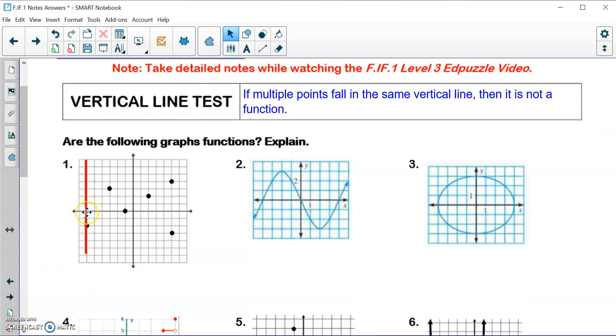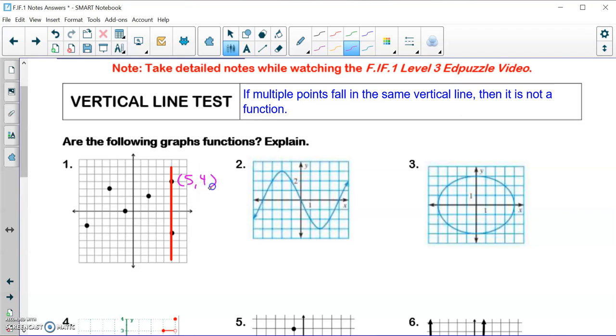For example, number 1, dragging it across the graph, well, it only hits one point at that point. It just hits 1 point there, 1 point there, 1 point there, but uh-oh, it hits 2 points at that vertical line there. This would be considered not a function. And it makes sense because if I were to actually write down these ordered pairs, this first point here would be the point 5, 4.